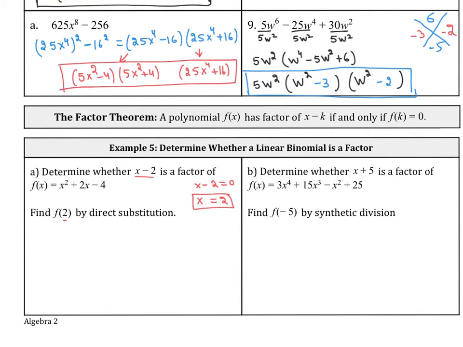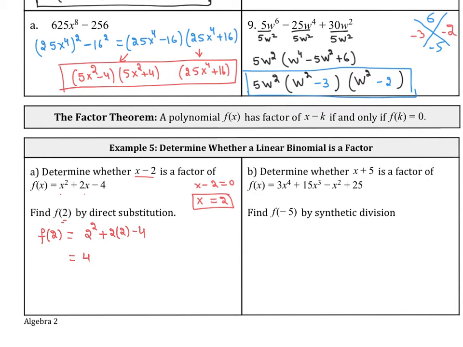If it is written in this form, you just use 2 automatically. But if it's written in the form of x minus 2, which is a factor form, then you choose the opposite sign. Now we are going to plug in the x value, that is 2, into these x places. So f of 2 is 2 squared plus 2 times 2 minus 4.